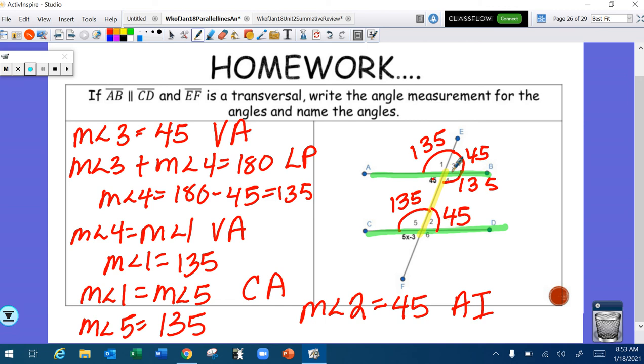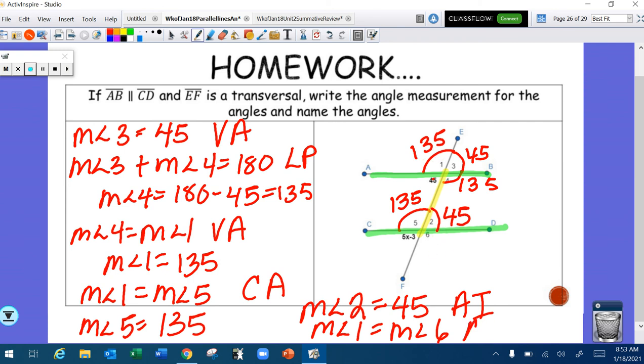I'm going easy here. Have I used linear pairs already? Yep, I used linear pairs. Oh, so there's another one. The measure of angle 1 is also equal to the measure of angle 6. They're on opposite sides of the transversal, which is the yellow segment, and they're on the exterior, the outside of the parallel lines.